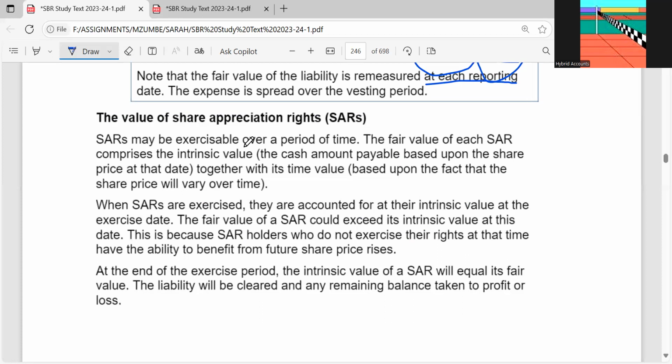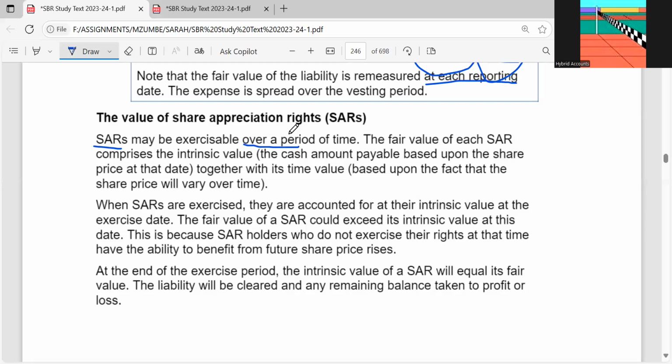But these share appreciation rights may be exercisable over a period of time, not necessarily at one point, right? Even for share options, it depends. There are share options for UK and for US. They are very different. Others may be exercised at any point, but others are only exercisable at a particular date, right? So share appreciation rights can be exercisable over a period of what? Of time, over a period, right? Not just once, not at a single point in time.